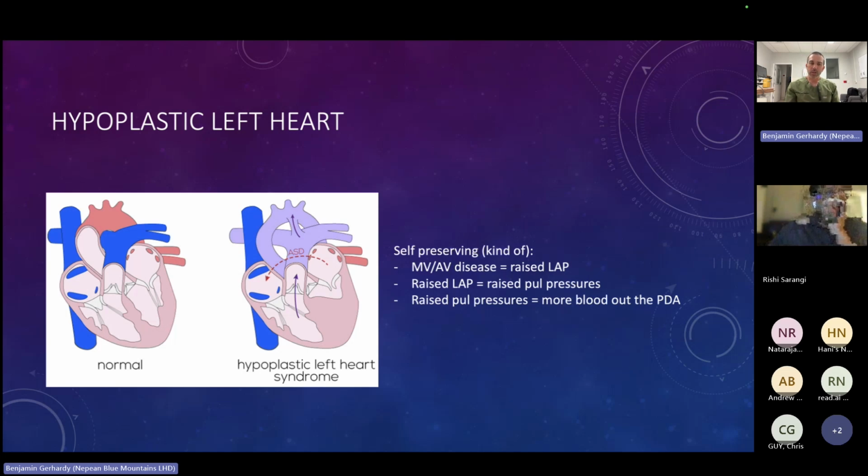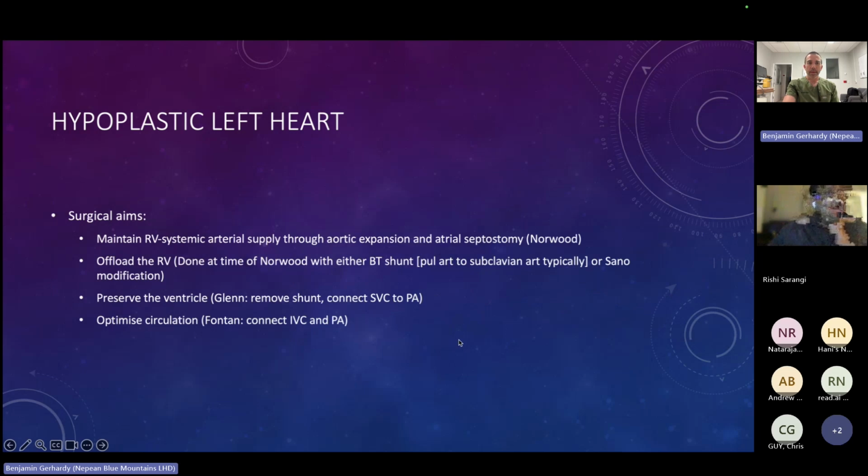Raised left atrial pressure will push more blood out through the ASD, so you get more blood flowing left to right through the ASD. And then if you've got a PDA, you'll get more blood flowing through your PDA. That's how these babies keep themselves alive until they're repaired. The presence of the ASD and the PDA allows them to live until they can be repaired.